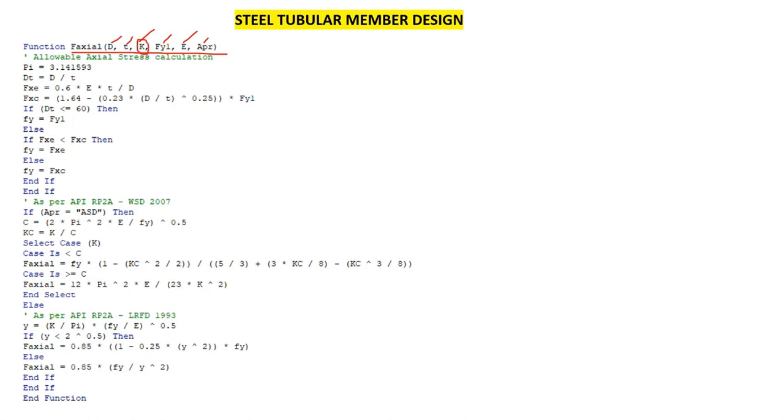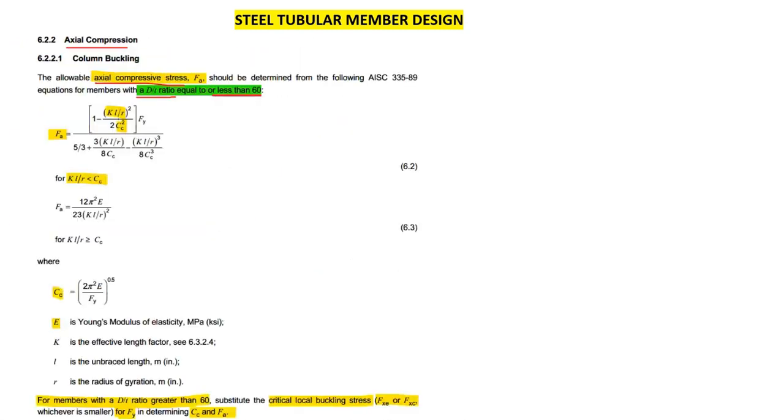That is the factor K. If you see here somewhere, it would come like KL by r. It depends on the length of the member. Definitely, the length of the member comes into place. You see here, allowable compressive strength, KL by r squared is there, right? Here this L is the unsupported length, unbraced length. So K is the effective length factor.